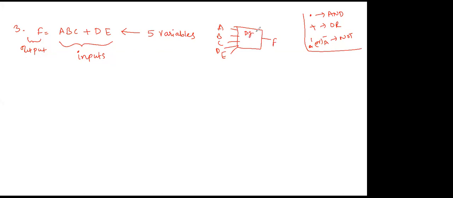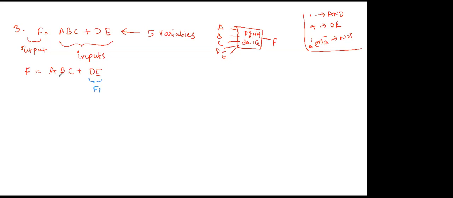Now F is equal to ABC plus DE. Now I am grouping two variables as one group. DE is F1.